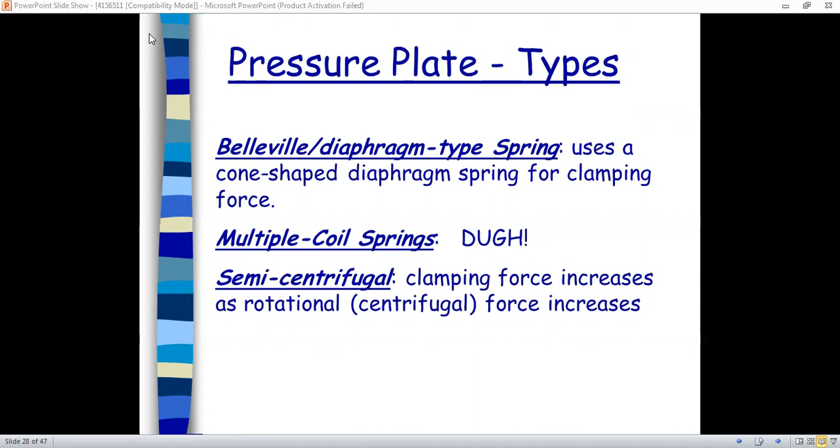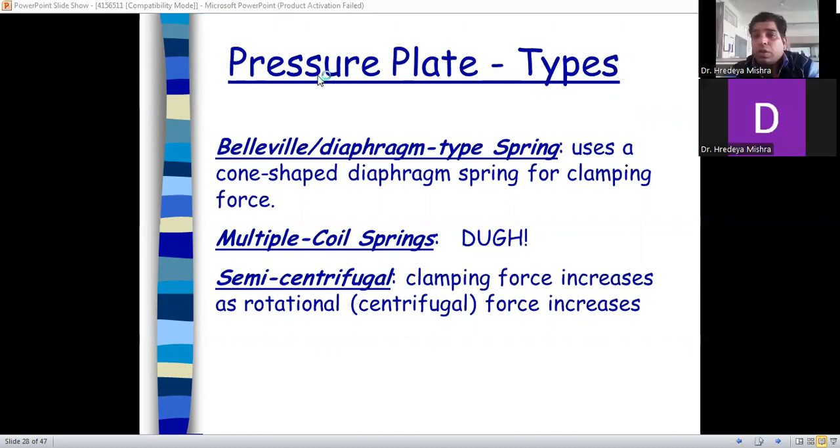Okay, sorry, students, for the disturbance. So what are the different types of the clutch plate or pressure plate?